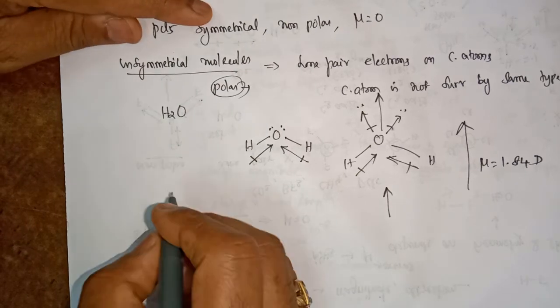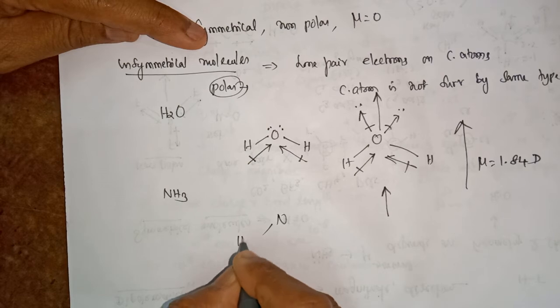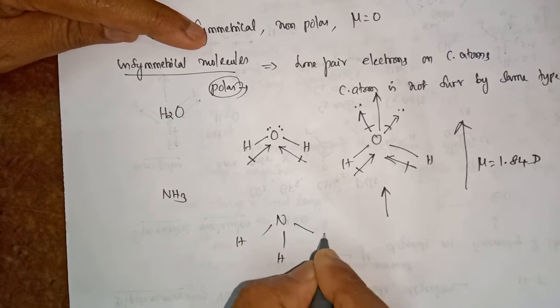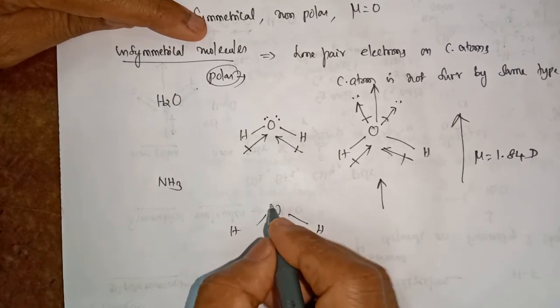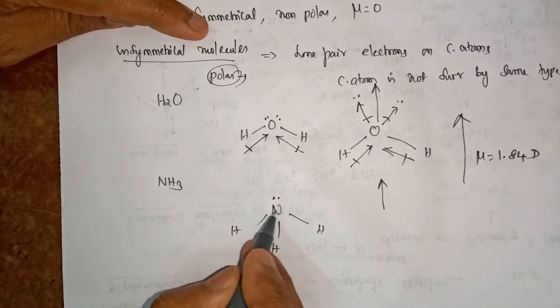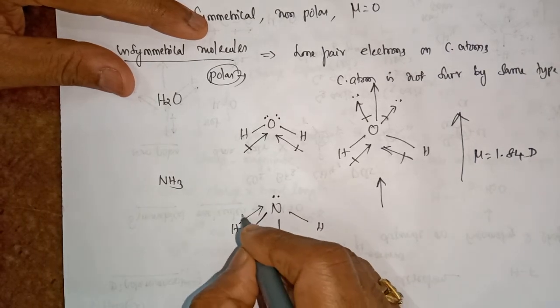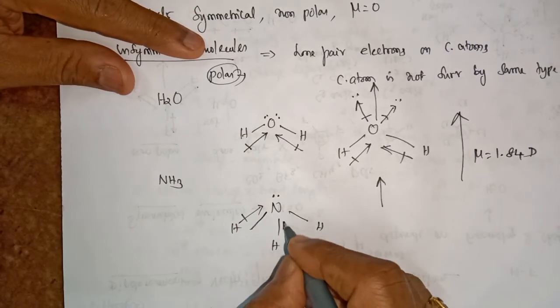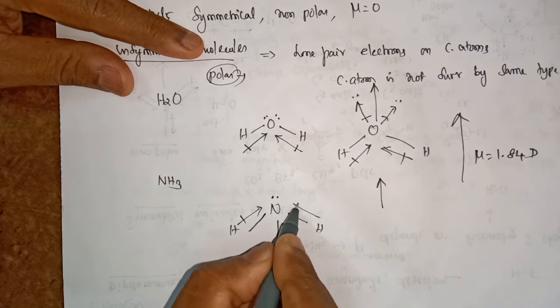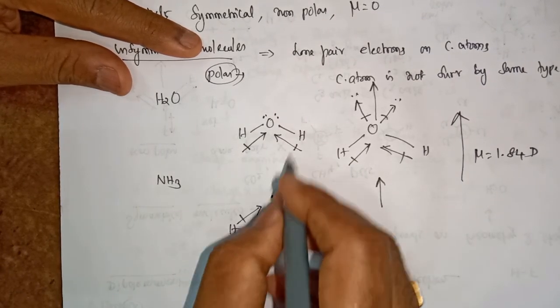Now I take ammonia. I take N, H. Now I come to this lone pair, then you come to these two. Nitrogen is more electronegative, so it pulls. This is away from this.